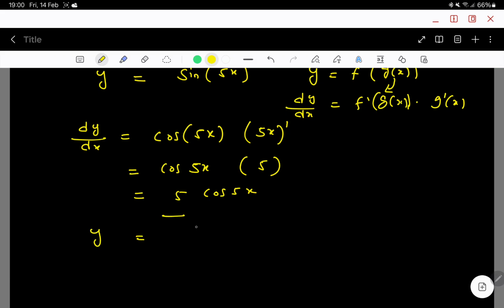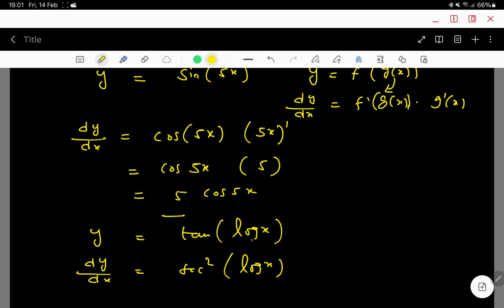Similarly, we write another problem, tan of log x. Okay, here f is tan and g of x is log x. Okay, we apply chain rule. Differentiation of tan is secant square log x. Okay, write log x as it is. Don't do anything with the log x.